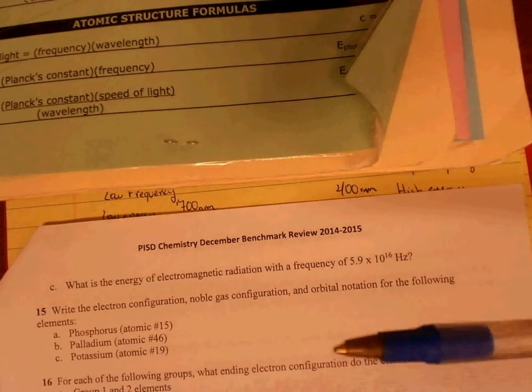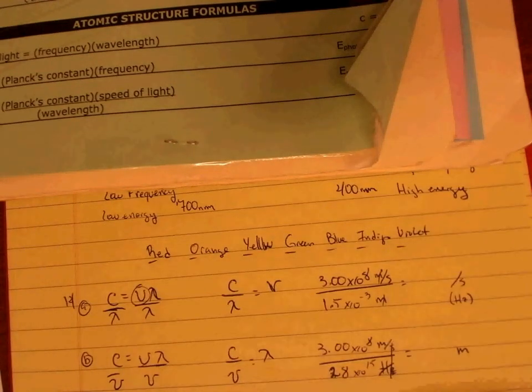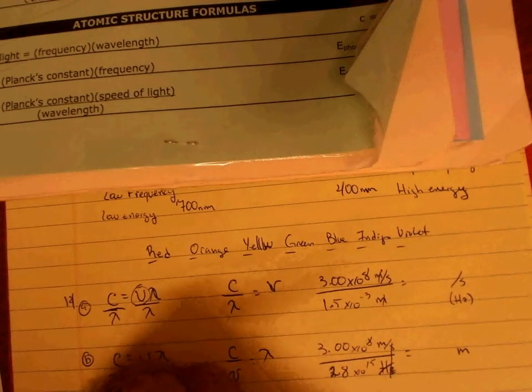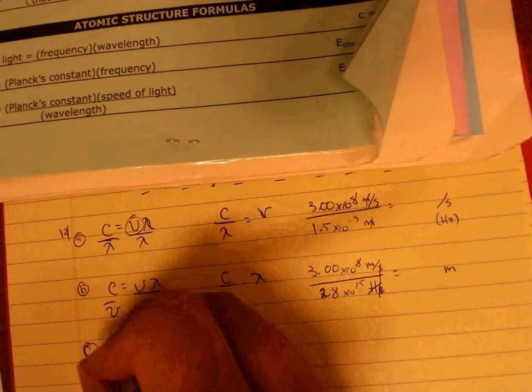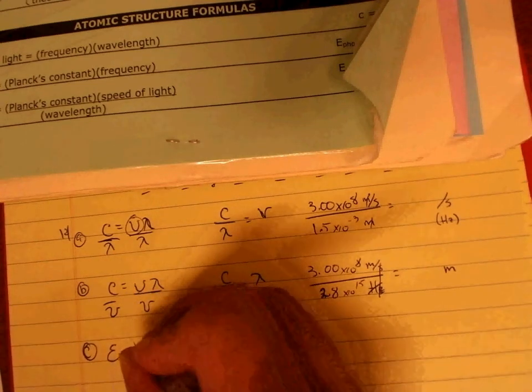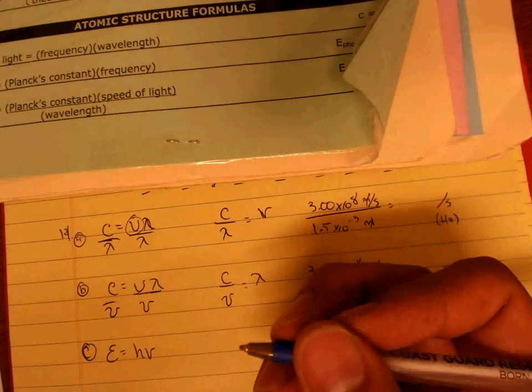So let me now use this new equation. It says that the energy is equal to h v, h being Planck's constant and v being the frequency.